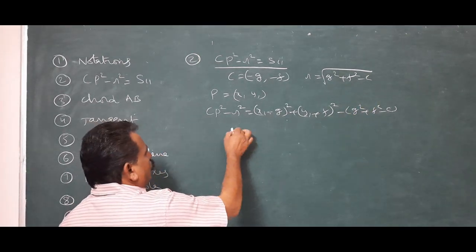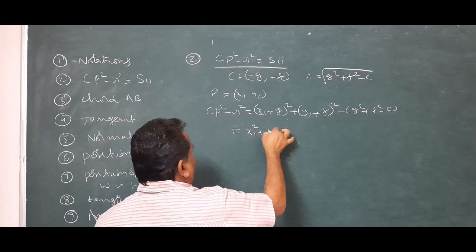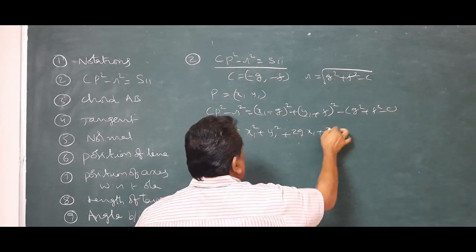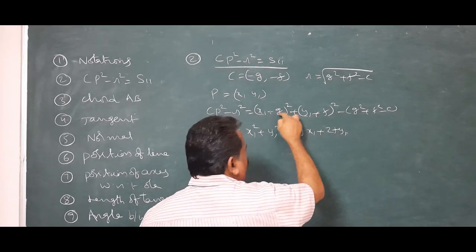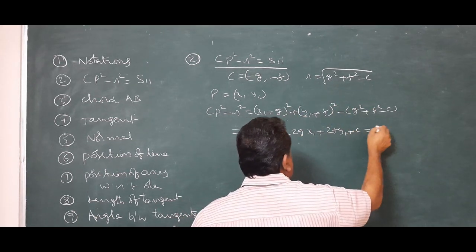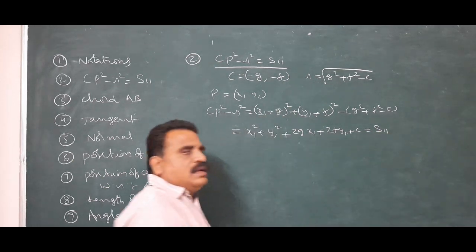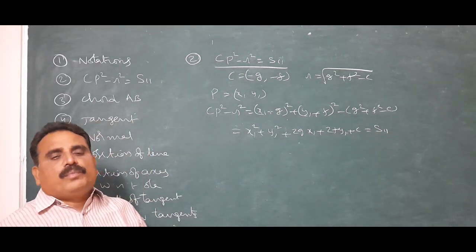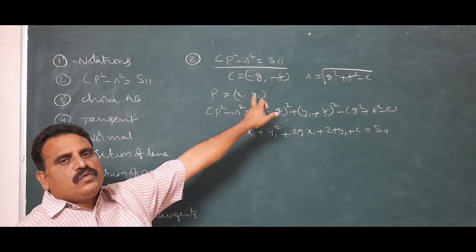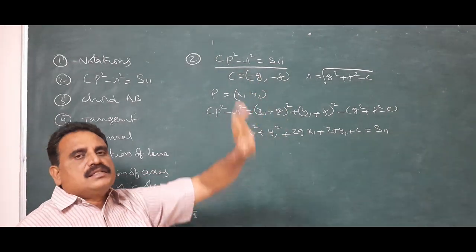After simplification, we get x1 square plus y1 square plus 2gx1 plus 2fy1. Here g square cancels, f square cancels, plus c, that equals S11. It is called the power of the point, power of the point P(x1, y1) with respect to the circle.